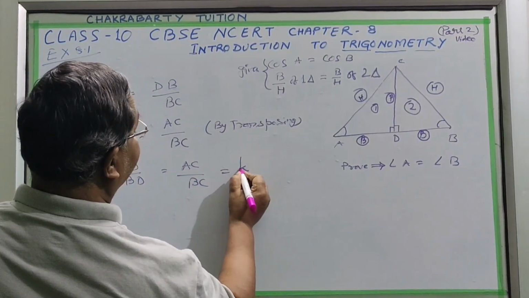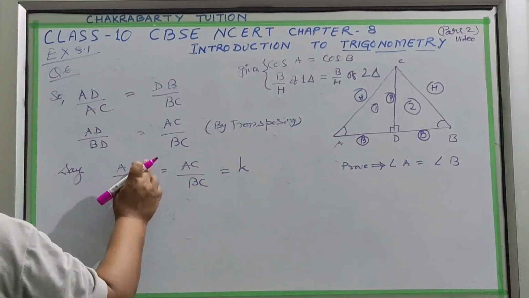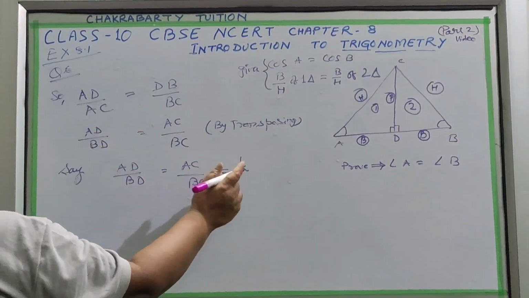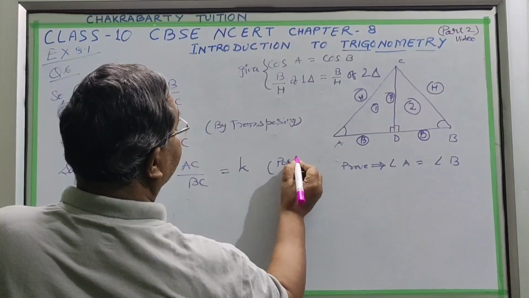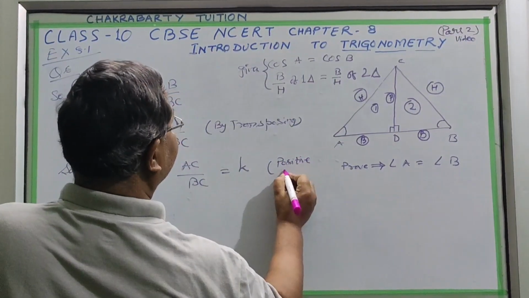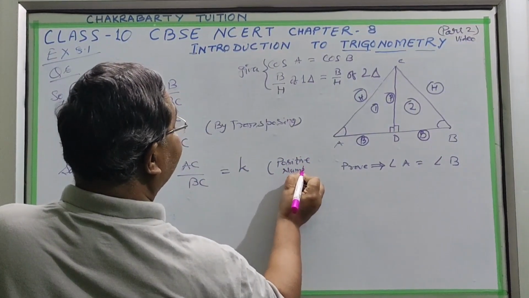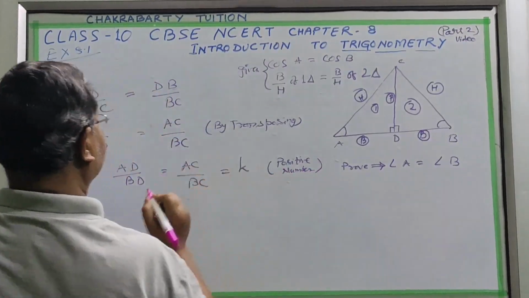Suppose we have taken a number K, a positive number, any positive number, because it is a ratio and we can multiply a ratio with any positive number.